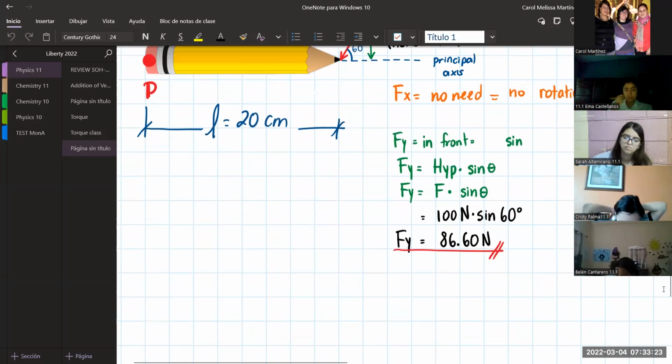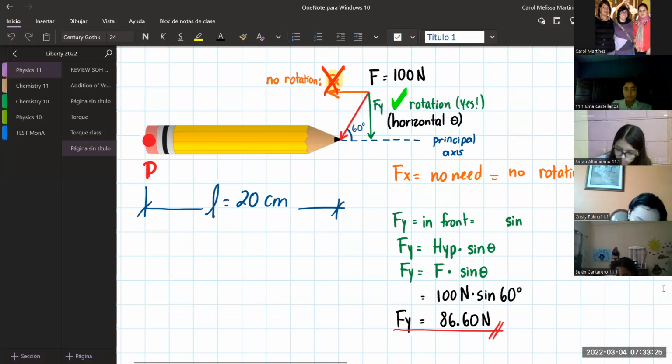So the first step that we do, we discard the force that does not create rotation. The other step will be to calculate the component that actually makes the rotation possible by using trigonometry.